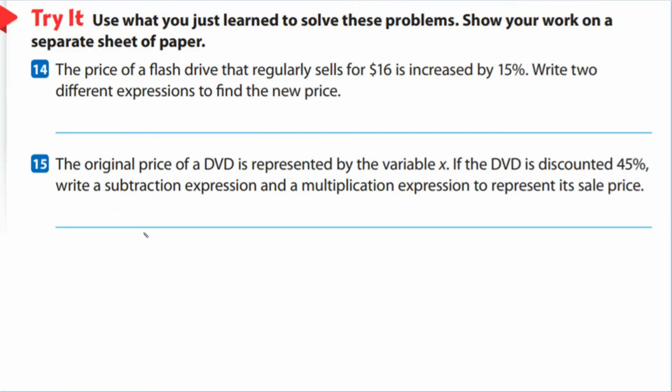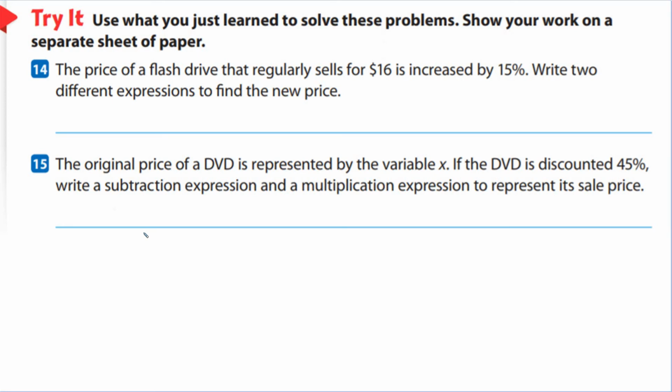Let's look at try it. Use what you just learned to solve these problems. Show your work on a separate sheet of paper and submit it, or you can check your work with that. The price of a flash drive that regularly sells for $16 is increased by 15%. Increased. Write two different expressions to find the new price.